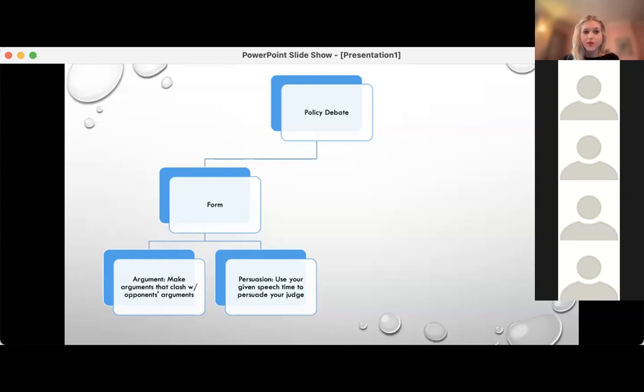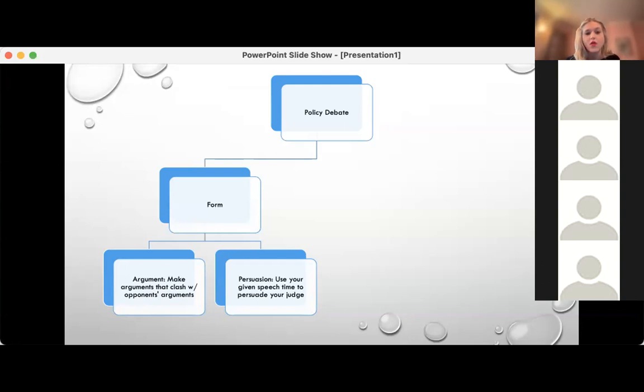So there's a lot of arguments that can be made. There's a lot of evidence that we have. There's a lot of arguments we write down or we accumulate in files that have clash. But then how do we synthesize all of this and choose what arguments need to be made, and not only make those arguments, but make them in a persuasive way? Because even in Zoom world, where debate is done online, it's still a public speaking activity.